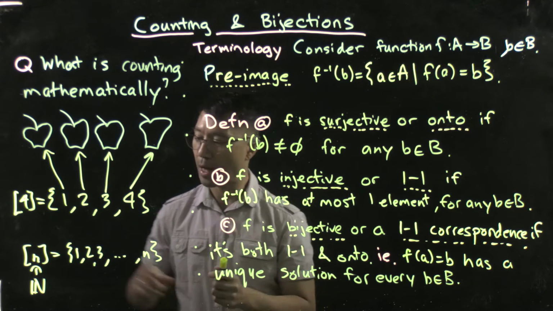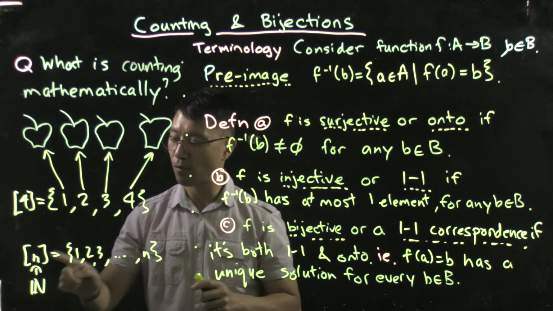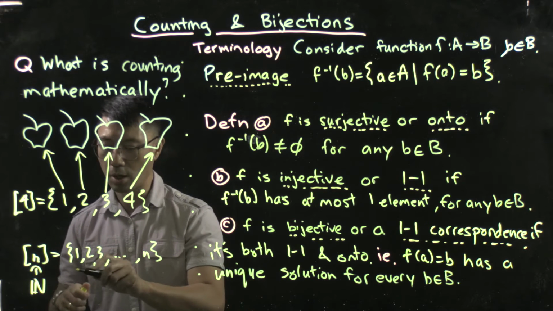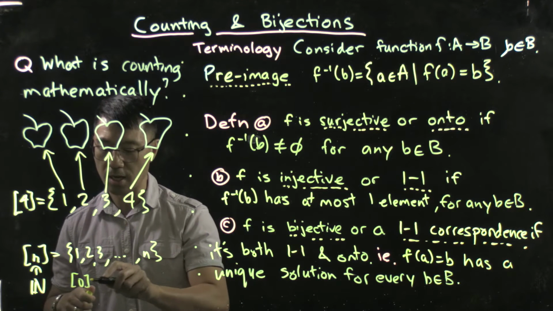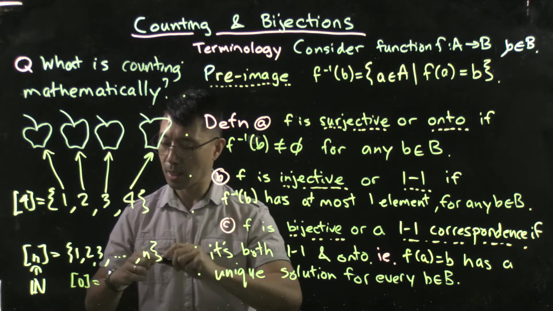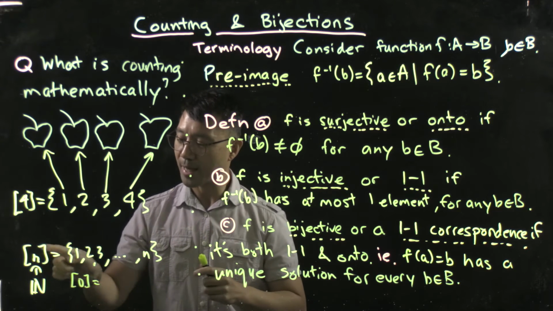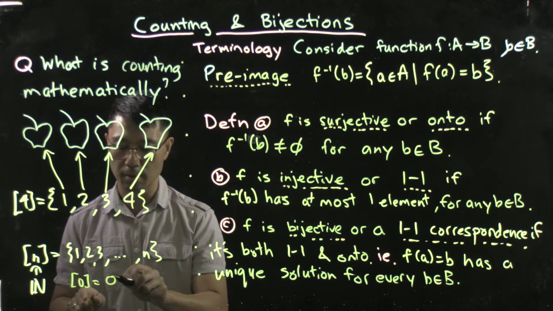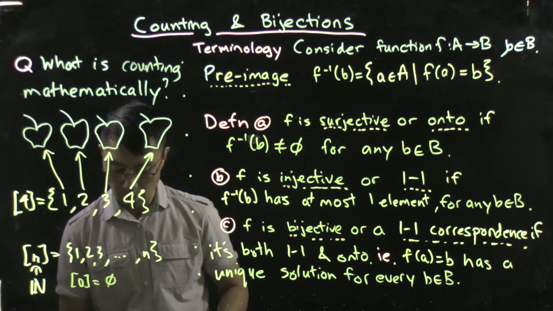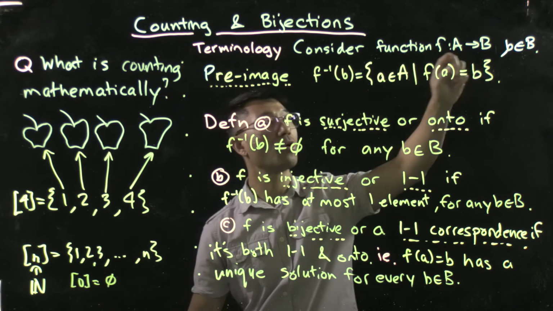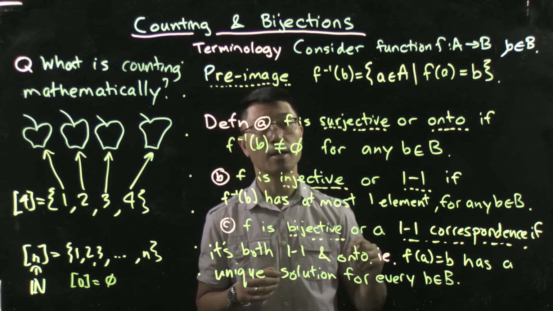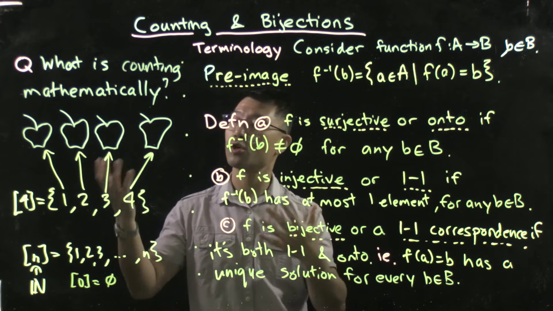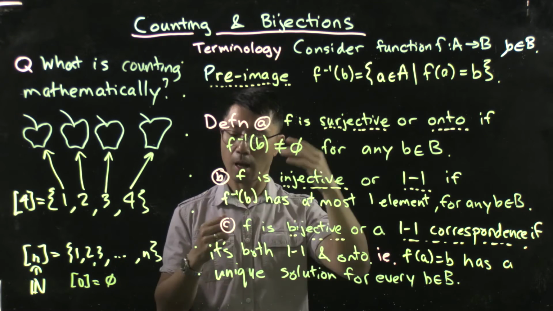And just one thing here, I said that this is the definition for all natural numbers for this set, so just to emphasize, what is this when n is equal to 0? Well, this here is going to be just the empty set. So for A and B, you're allowed to have empty sets in there as well. So that's the notion of counting.